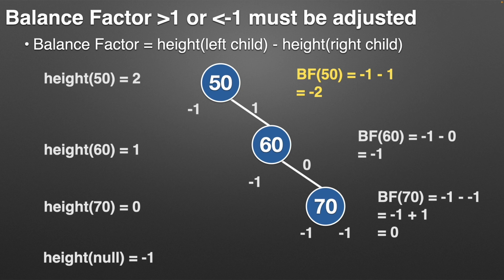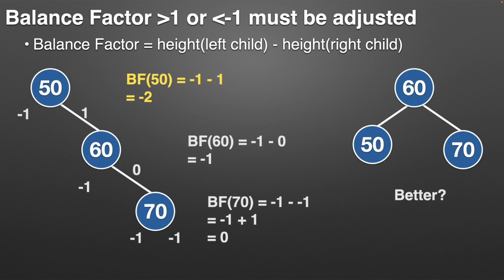So, since we know that we need to change here, we essentially want to do this. And what we're going to call this concept of changing a tree like this is a rotation. The reason we're going to call it a rotation is that it can be convenient to think about rotating around a particular node that you're targeting.